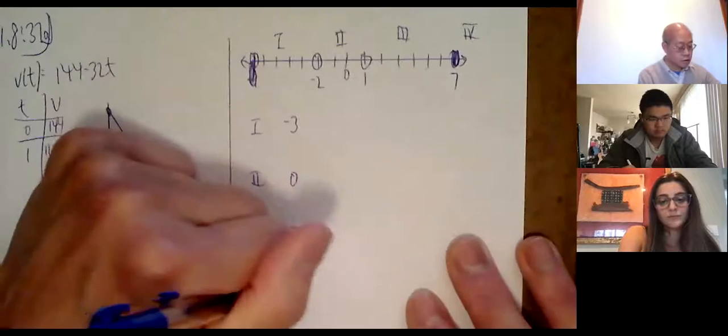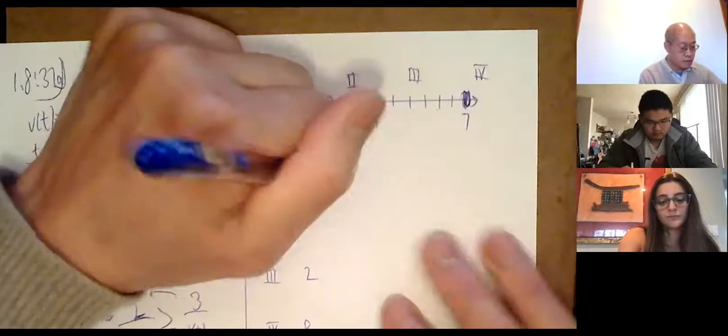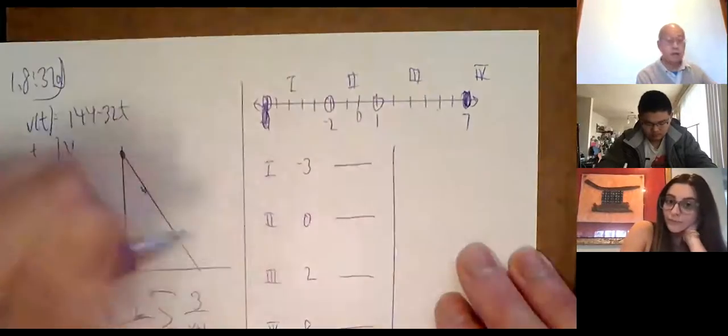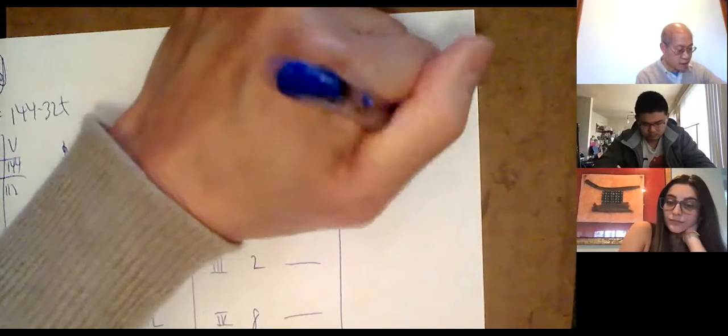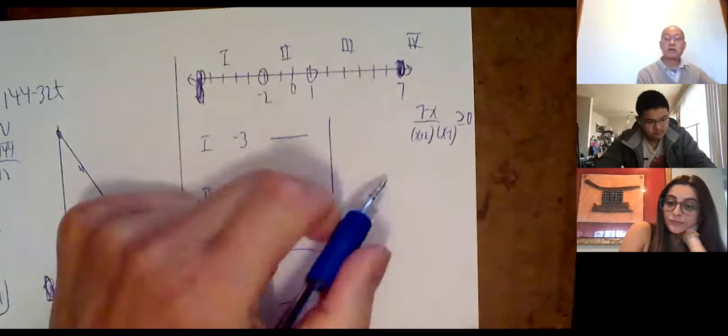Region 4, 8. And these are all fractions, so fraction bar, fraction bar, fraction bar, fraction bar. And let me rewrite the expression. The expression was 7 minus x over x plus 2, x minus 1, greater than or equal to 0.